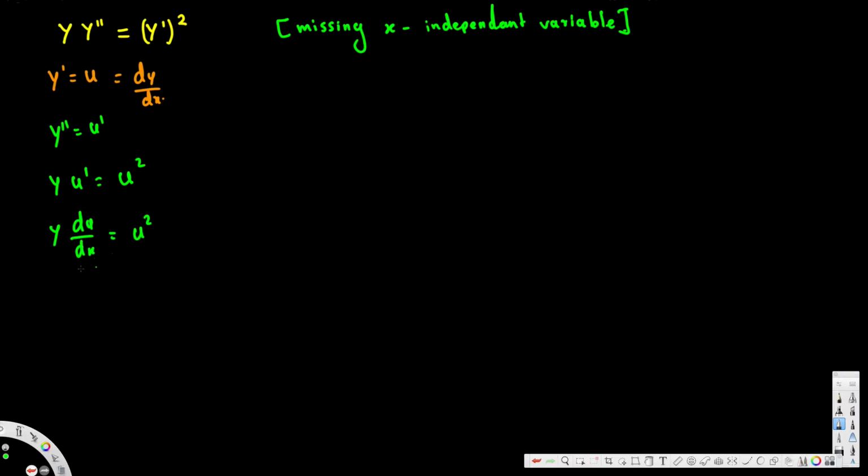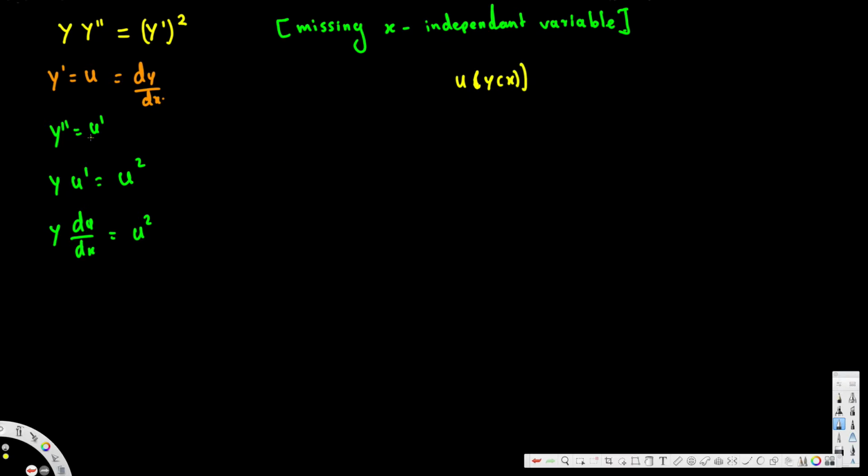We cannot do this one in this way, because we should try to bring this dx in terms of y, and since we have three variables, we cannot do anything. So here what we have to do is, u is a function of y, u of y of x.